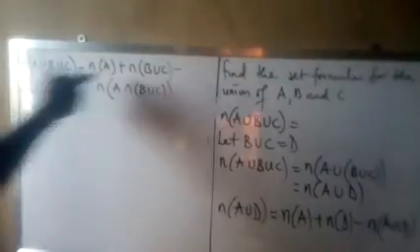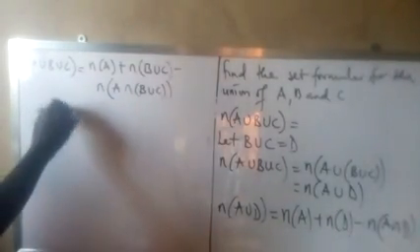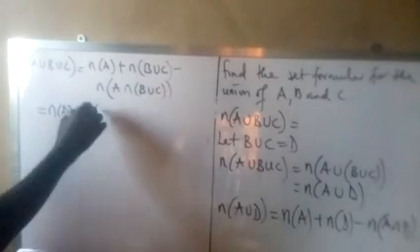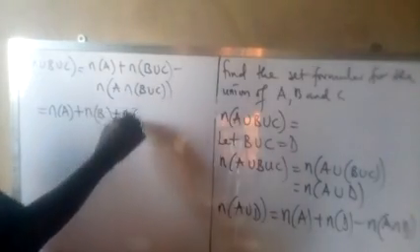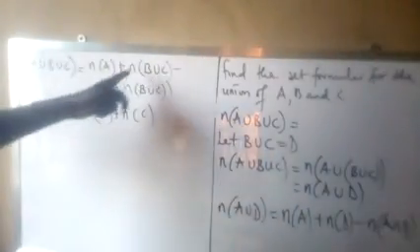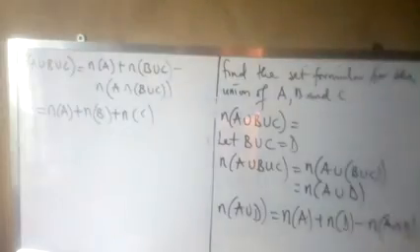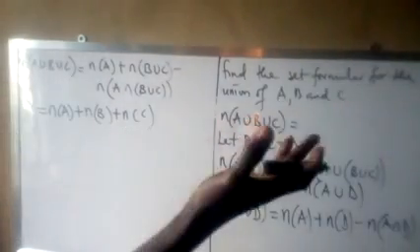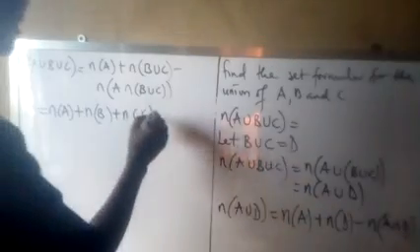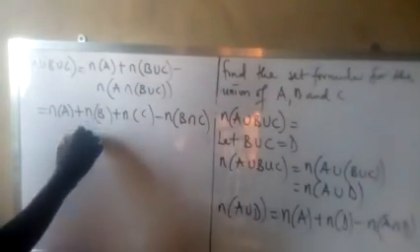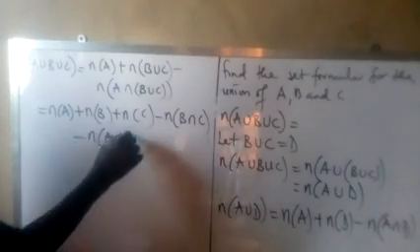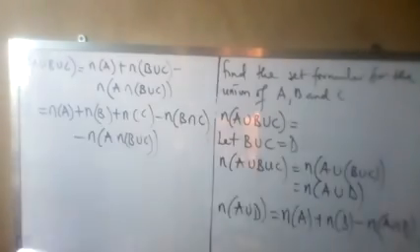Okay, so this one could now be, I'm talking about the right hand side, the number of A plus the number of B union C, where the number of B union C itself is the number of B plus the number of C minus the number of B intersection C. So we can say minus the number of B intersection C, then minus the number of A intersection B union C. I hope you are following.